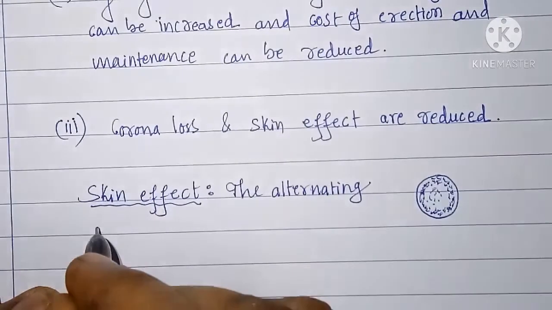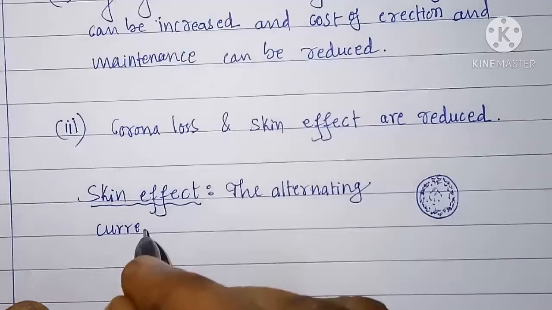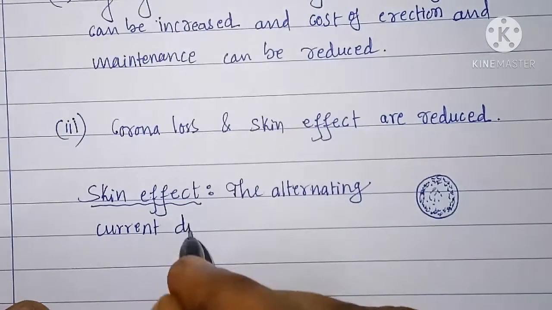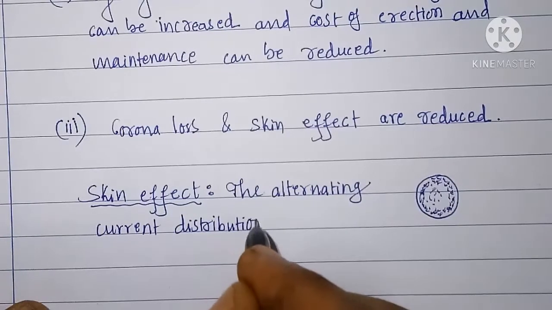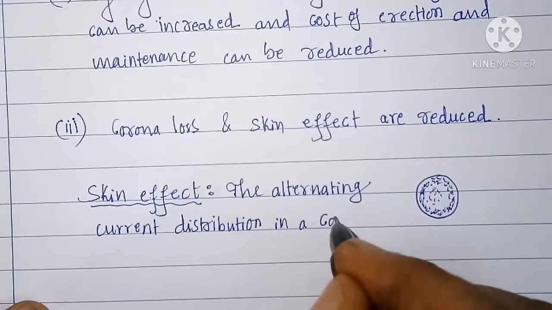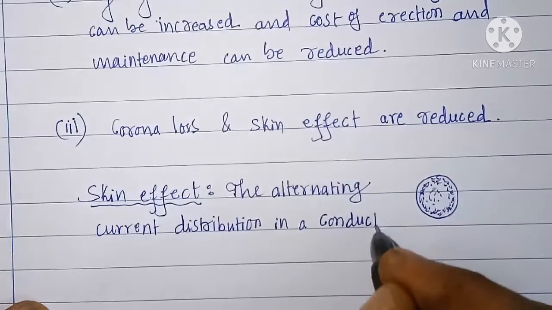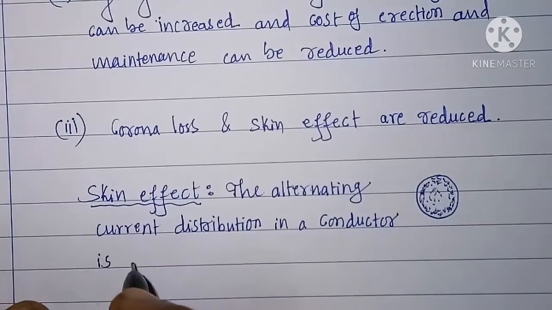The alternating current distribution in a conductor is not uniform.